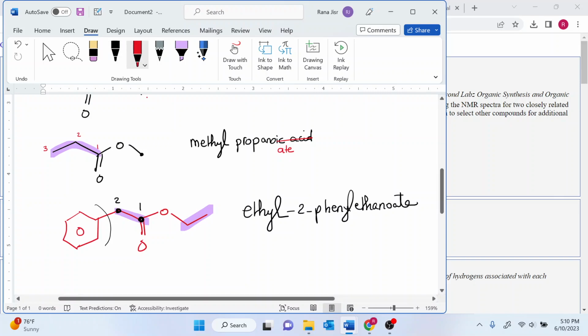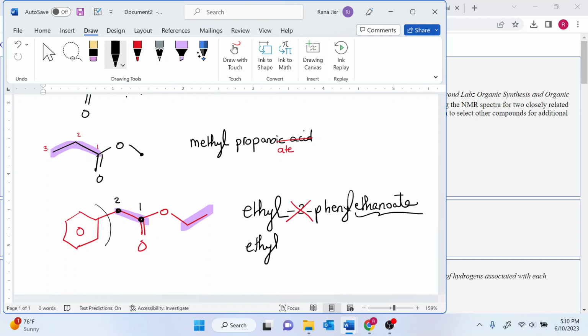You don't even have to mention the 2, and you're not going to see it in Beyond Labs mentioning the 2. So the name is going to be ethyl phenyl ethanoate. Also, they use the common name. Instead of writing it as ethanoate, they write it as acetate. So it's going to be ethyl phenyl acetate.